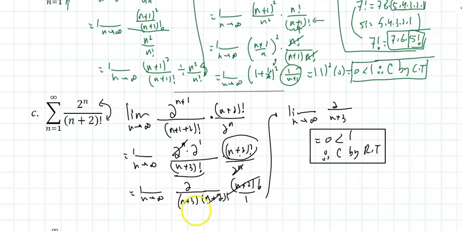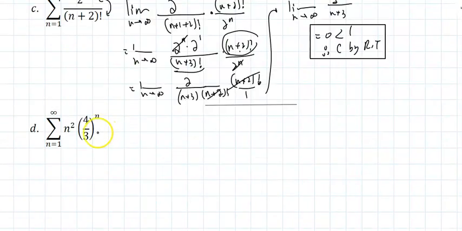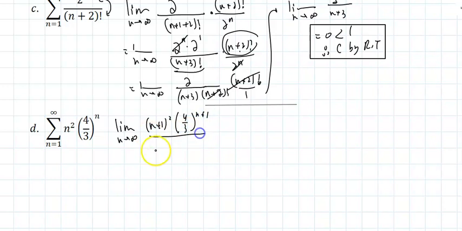Now, if the test didn't work, if I get a 1, then I use any other test that I know of. Next problem up, again, I take the limit as n approaches infinity, a sub n plus 1, and I'm going to divide that by what I see, a sub n. I'm going to combine those two.